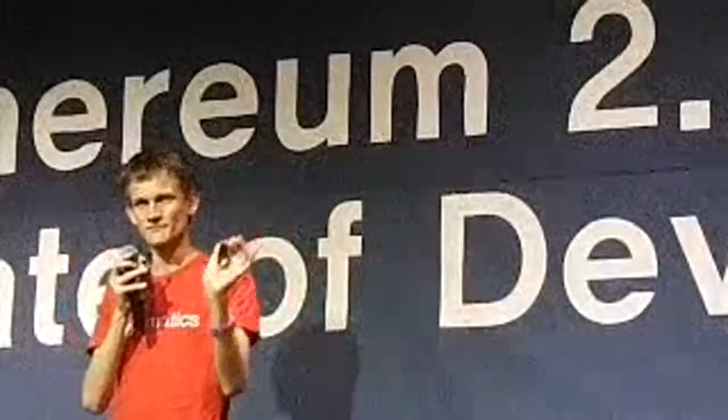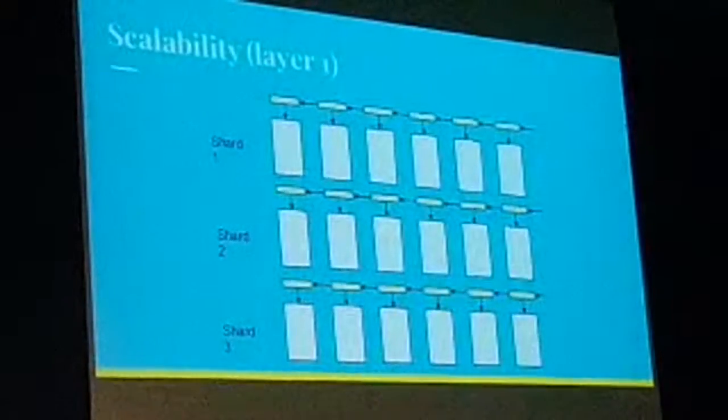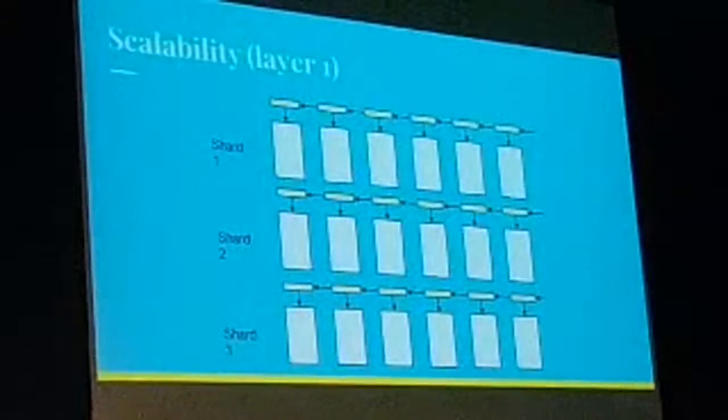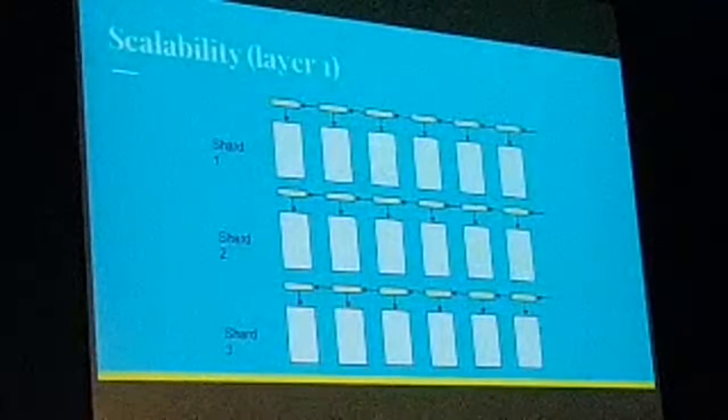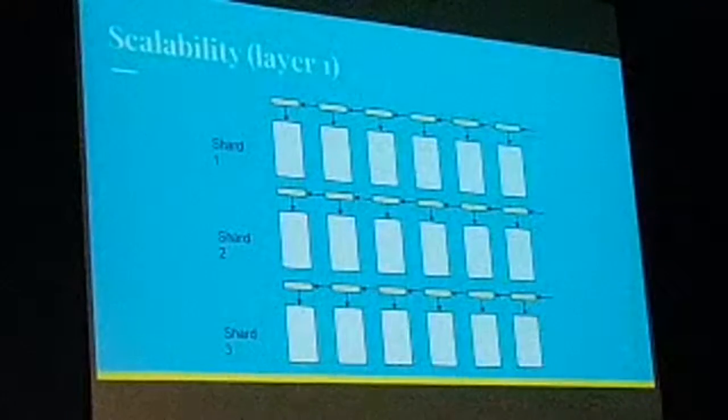So scalability. Scalability is, I continue to say, the biggest problem. It's the biggest problem in part because scalability problems directly limit the number of people who can participate. And it's also a problem because if the number of people who want to participate is higher than the number of people who can participate, transaction fees go up. And so there's two kinds of scalability solutions, right?